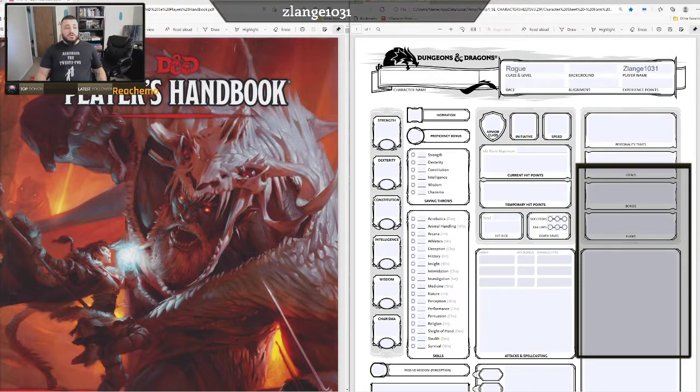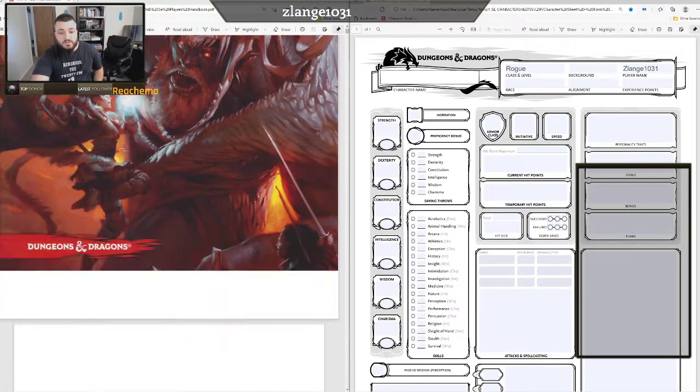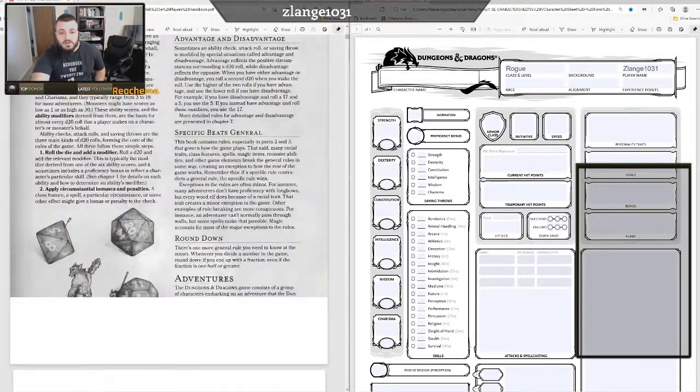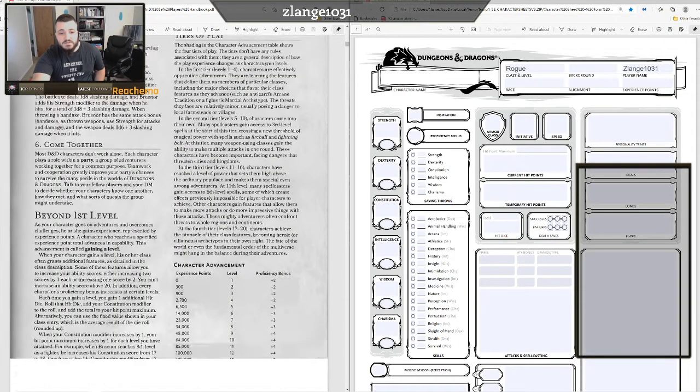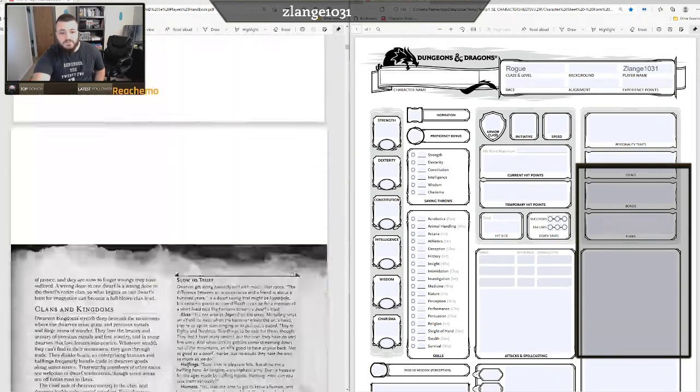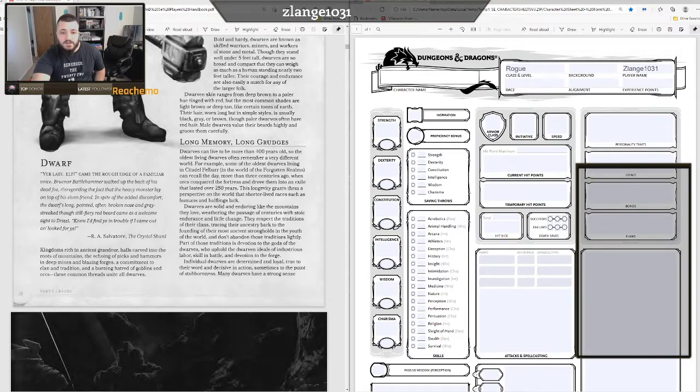Now, normally what you can do is choose your race first. If you do, the Player's Handbook will actually give you examples of different names for the different races. Right here we have dwarves.